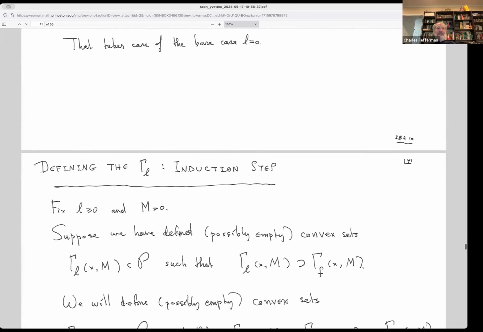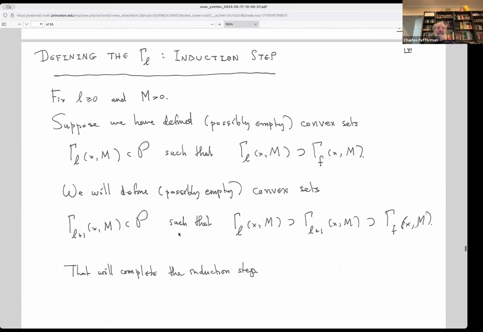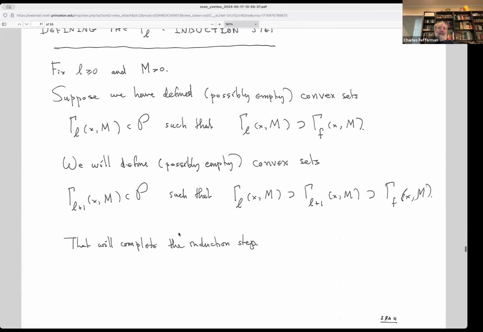So now I'd like to explain the induction step. So let's fix an L, and let's fix a capital M, and let's suppose that we have defined possibly empty convex sets gamma L of xm sitting inside script P with the property that they all contain gamma f of xm.